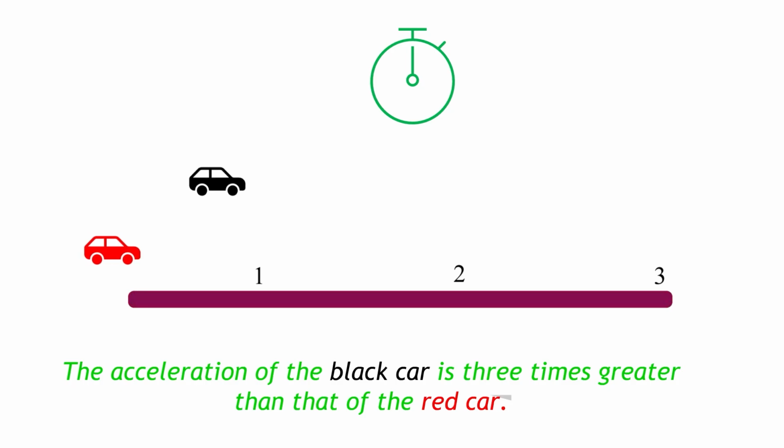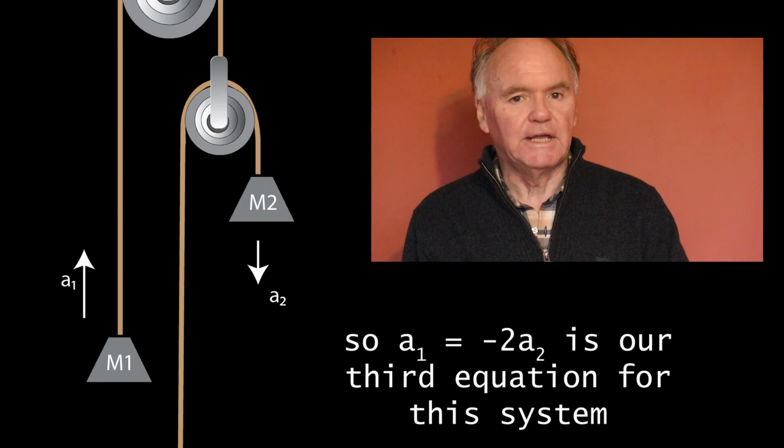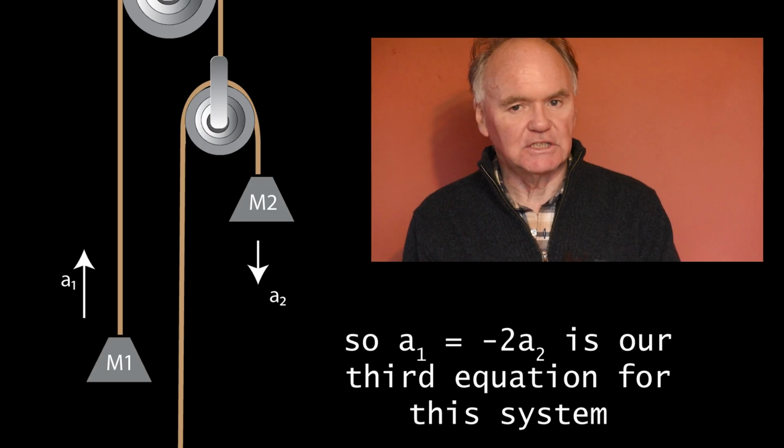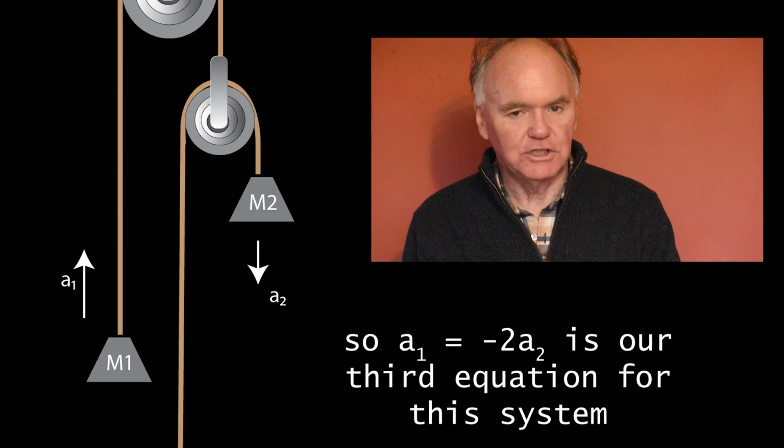And if it's got 3 times the average speed, and they've both been accelerating for the same time, then necessarily car B has 3 times the acceleration, and that's the argument here. Meaning that the acceleration a1 is equal to negative twice the acceleration a2. And that's our third constraint equation.